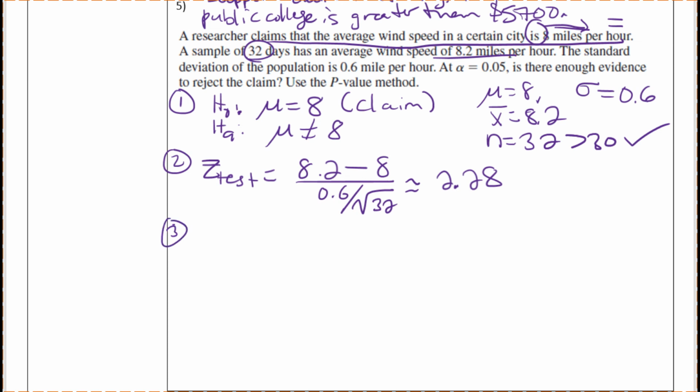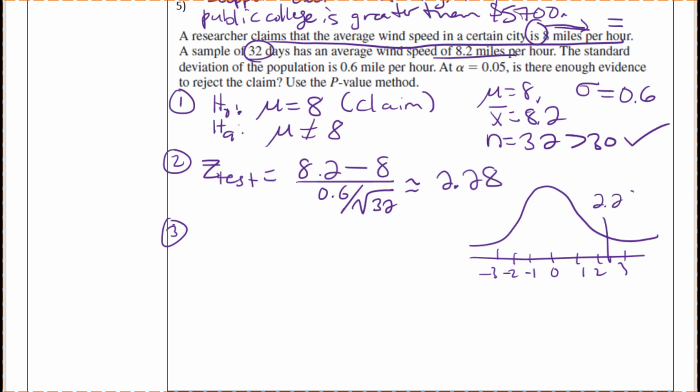Let's label this as our test value. Remember that the third step is find the p-value. So I'm just going to quickly label this. We have 2.28 around here. Since it is a two-tailed test, that means that we have a positive and a negative version. So I'm going to do a negative version here because it's two-tailed, and then I'm going to shade both tails. All right.